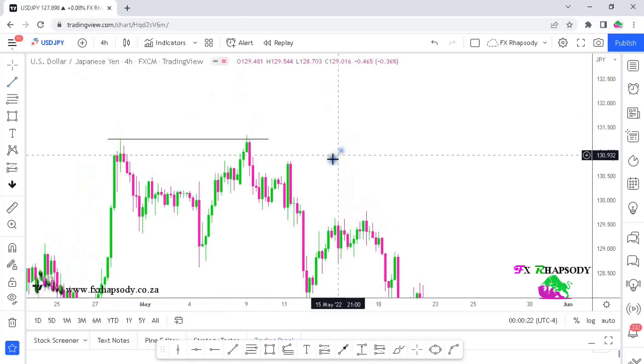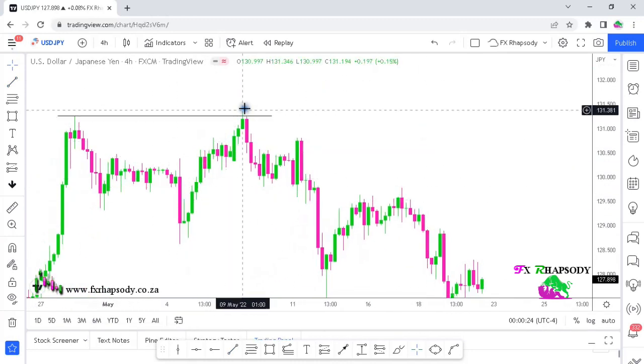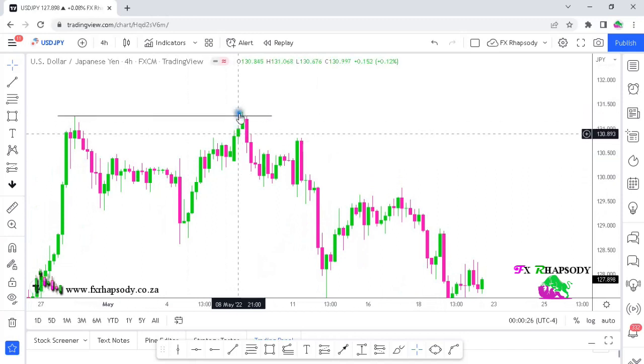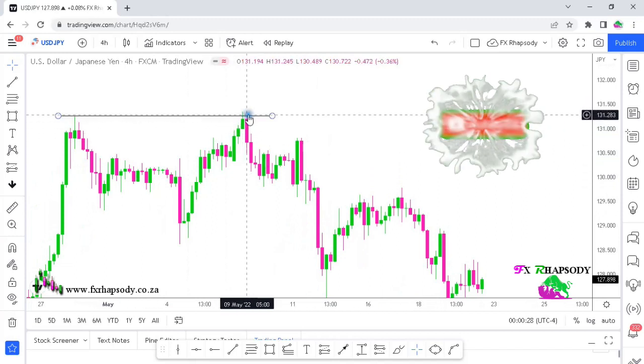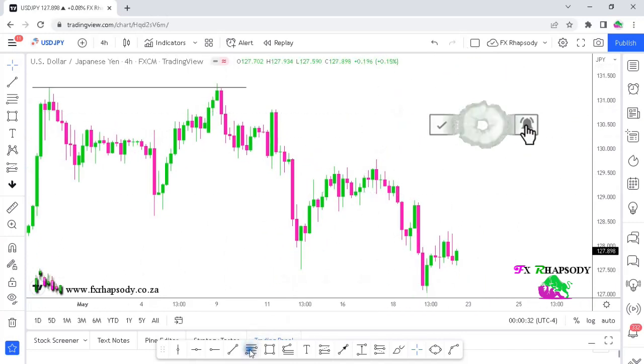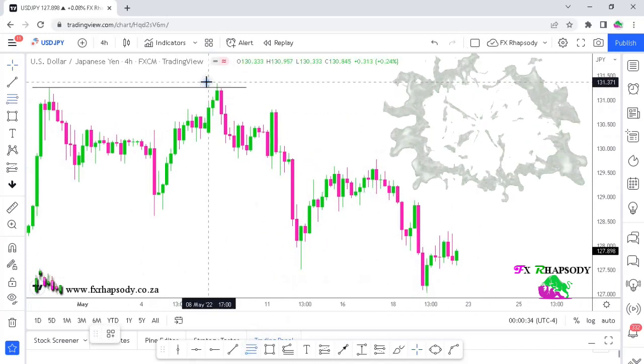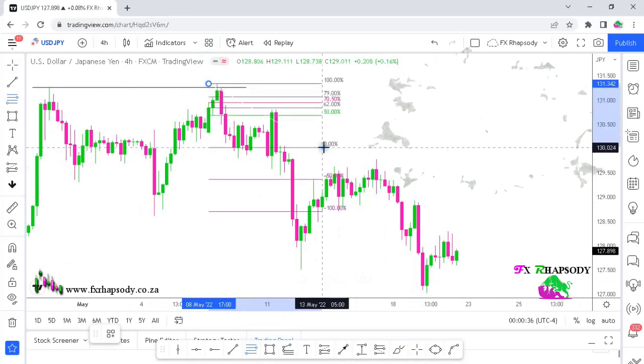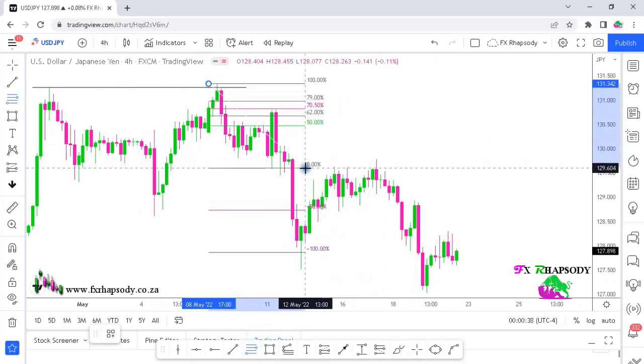You can see price hunting that liquidity, forming what some retail traders would call a double top, and then moving down. Now this is the area where you start looking at selling off, so you take your Fibonacci from there to that low. I'll show you the low now.